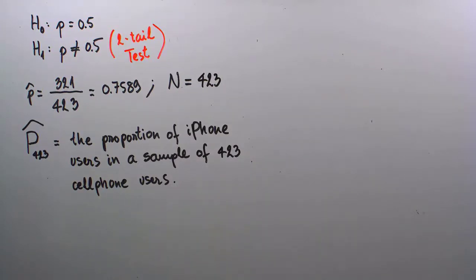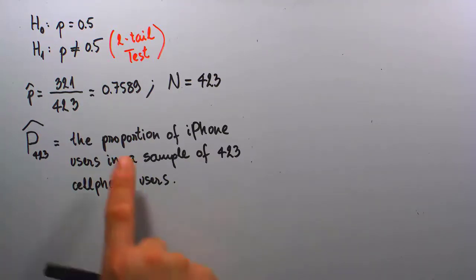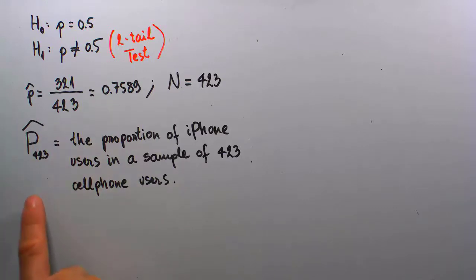All right, and so again, we have learned the idea from the central limit theorem that anytime we have a distribution, so this capital P hat subscript 423 is a distribution of sample proportion values.